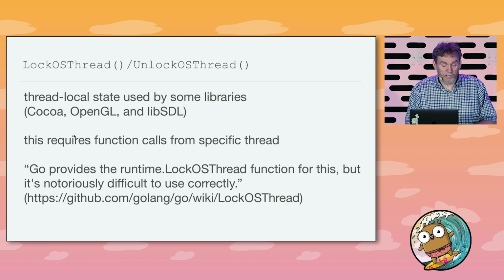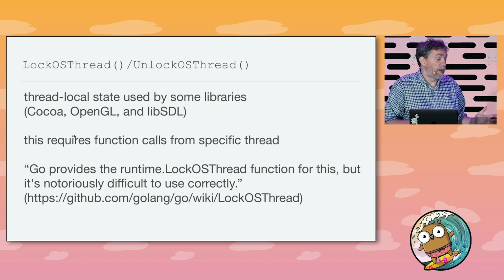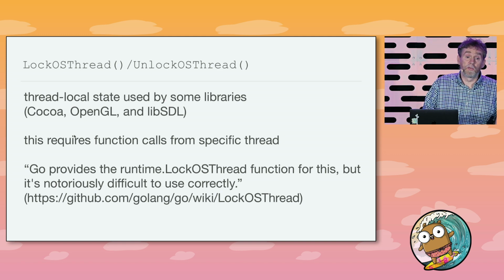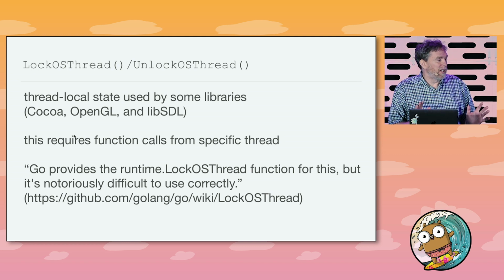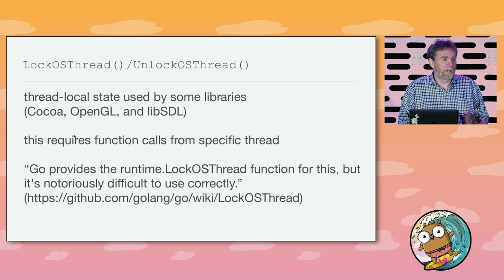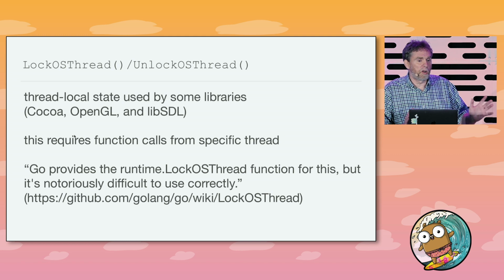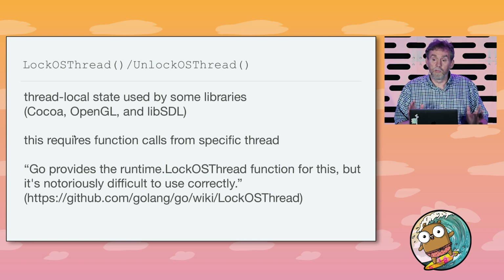Interestingly, in the documentation, it says this: Go provides the runtime.LockOSThread function for this, but it's notoriously difficult to use correctly. I just want to pause here and think about this comment, because I think there are two aspects to this that are good to focus on. The first is, in the documentation, it's clear that this function, although perhaps only rarely used, is very important.